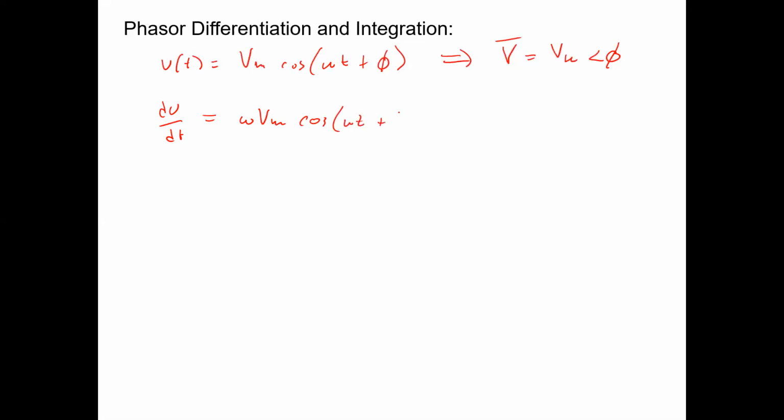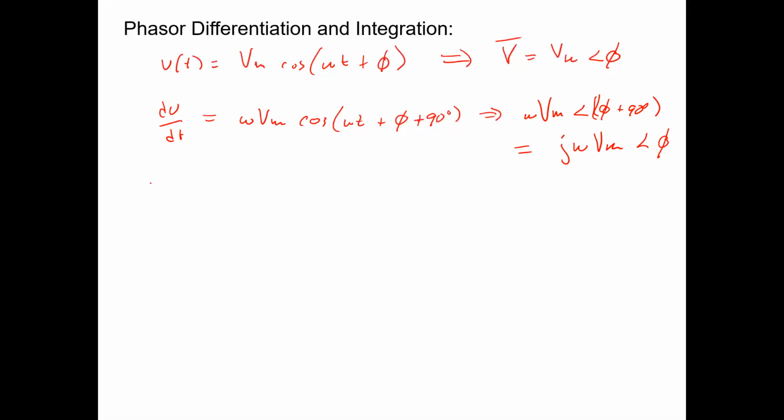I think everyone's okay with that now. And that's the same thing as omega Vm with an angle of phi plus 90 degrees. We also saw how a 90-degree phase shift is just taking a j out. So that's going to equal j omega Vm with an angle of phi. So that's the derivative of a sine wave.